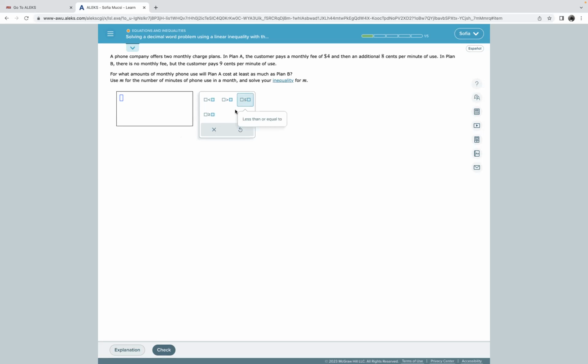It's the opposite direction of the last one. Remember, the last one was at most as many, which was less than or equal to. This one's the other way, the at least as many, so it'll be greater than or equal to. But the way it is, it's going to end up being flipped because of the numbers.